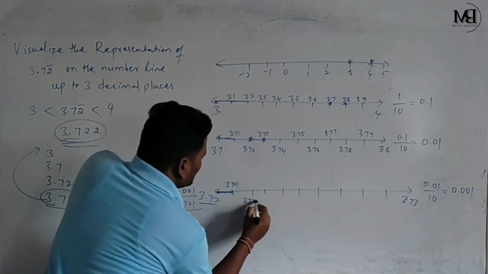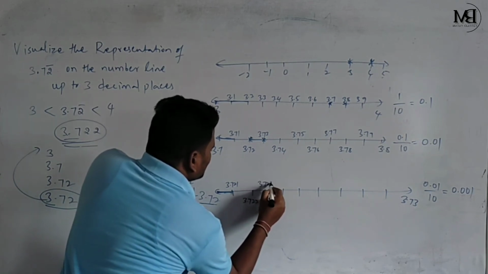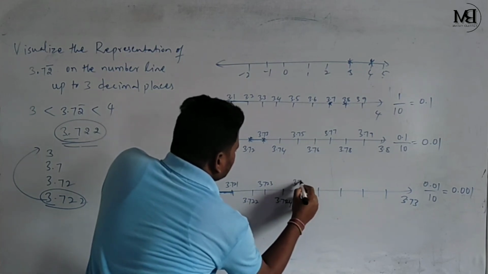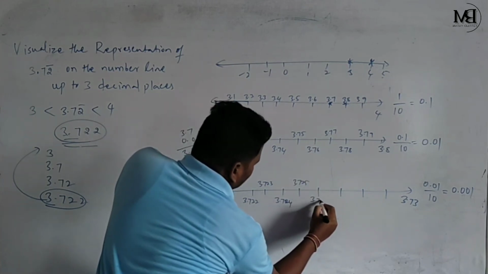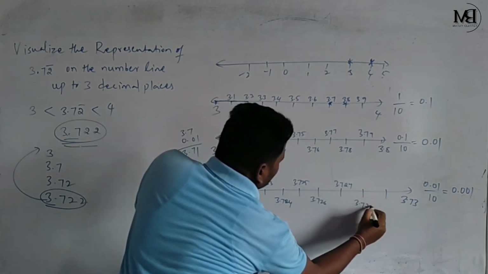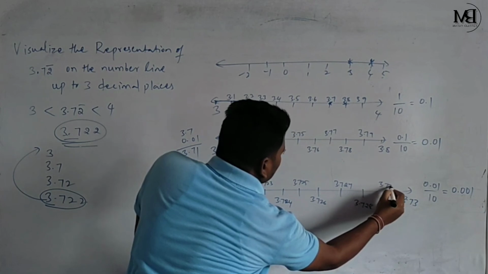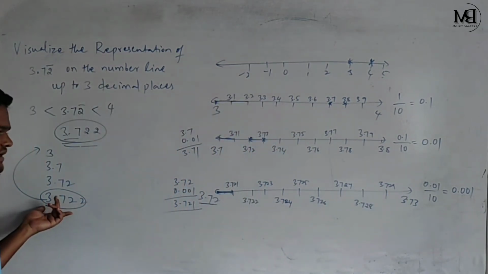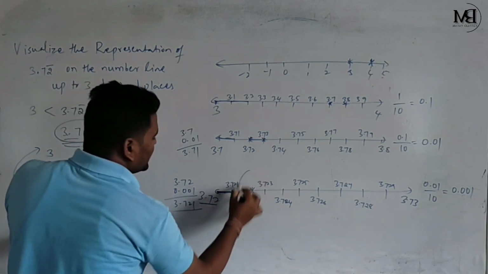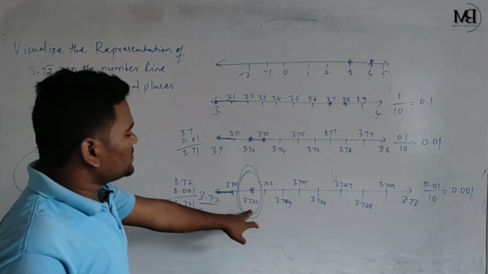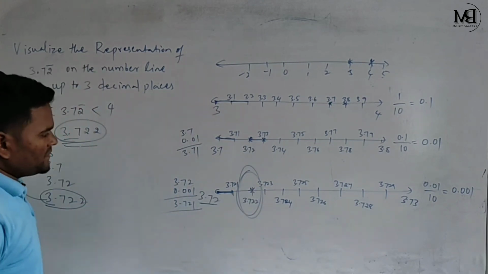Next 3.722, 3.723, 3.724, 3.725, 3.726, 3.727, 3.728, 3.729. See children, where is the location of 3.722? Here it is. It is the required location, my dear children. Got the point?